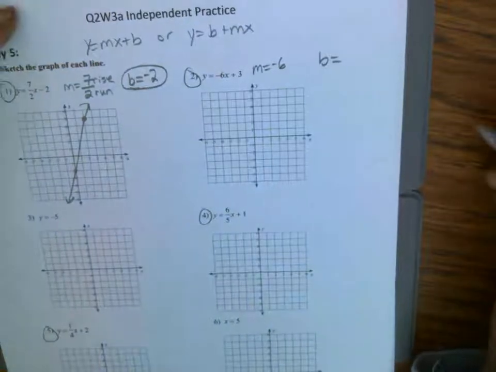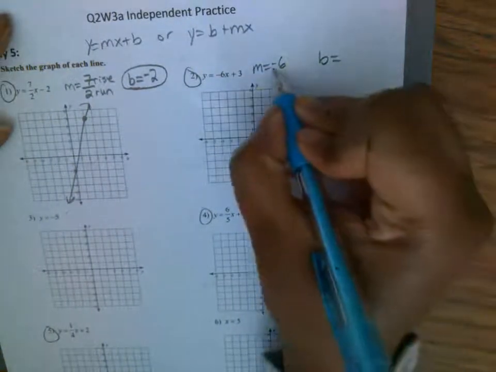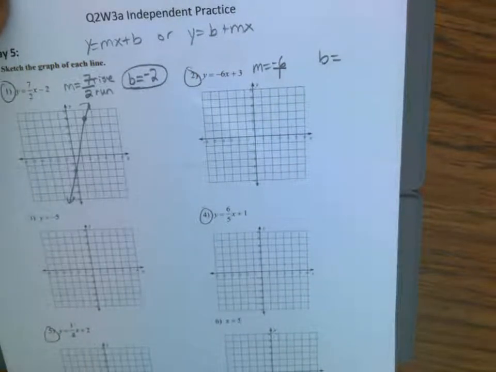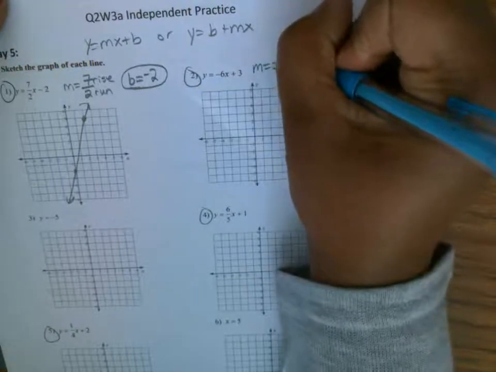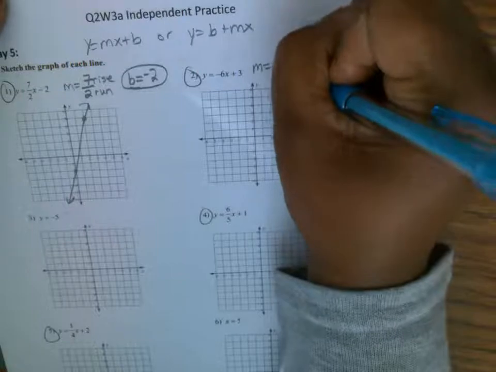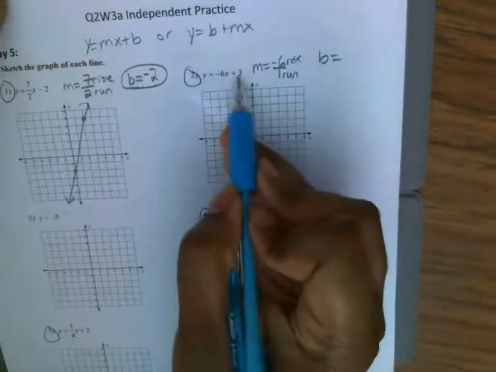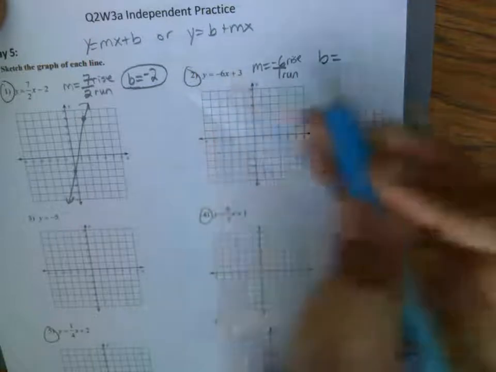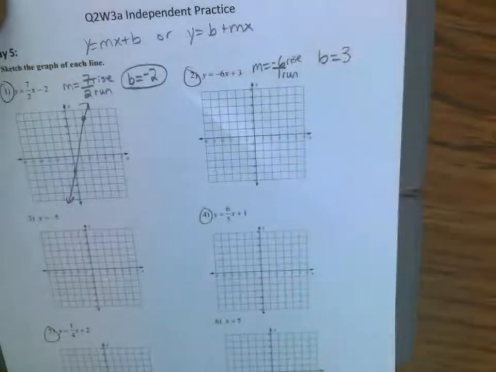So to write a negative 6 as a fraction, I just put a 1 under it. Any questions about how to write a whole number as a fraction? Now I have a rise over a run. My y-intercept is this number or constant that has no variable attached to it, and it's a positive 3.